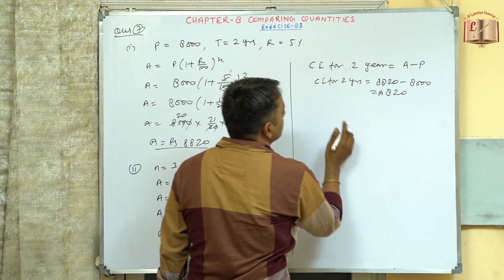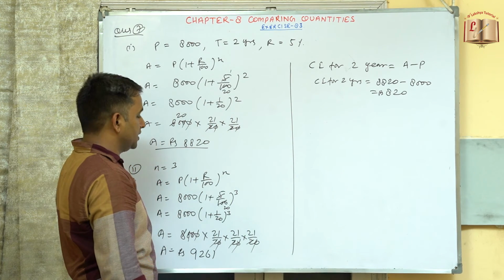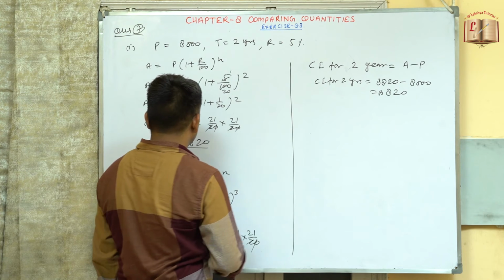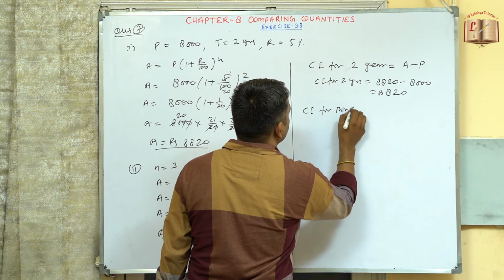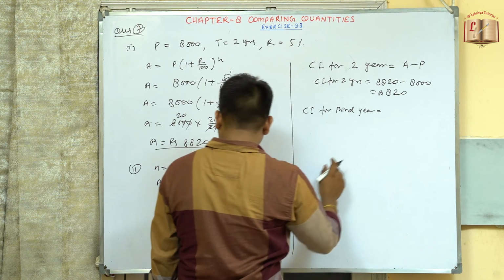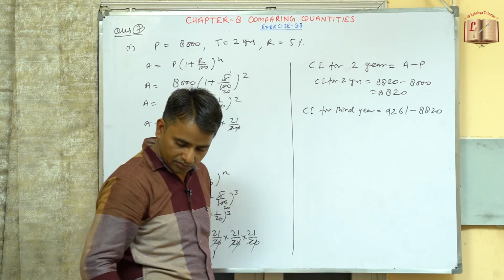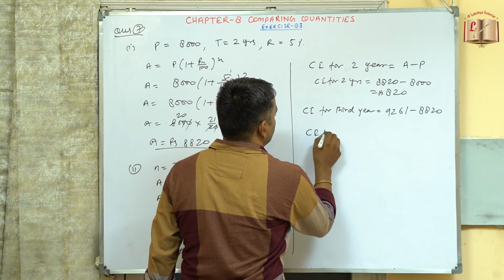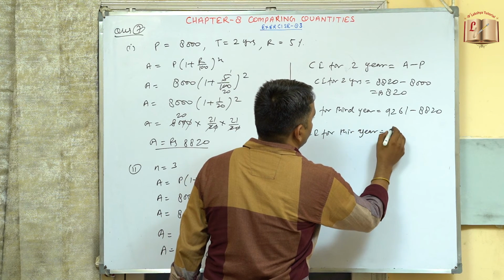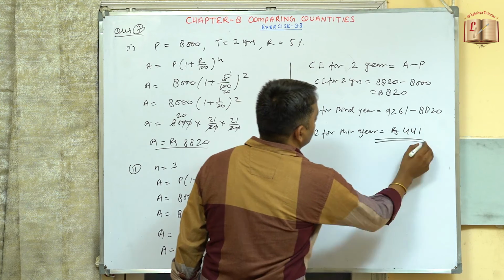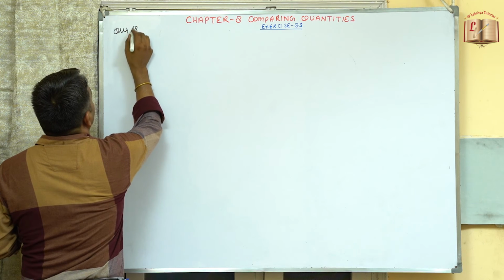Now we will find out CI for third year. So CI for third year will be now 9,261 minus 8,820. So this CI for third year is now rupees 441. So now coming to question number 8.